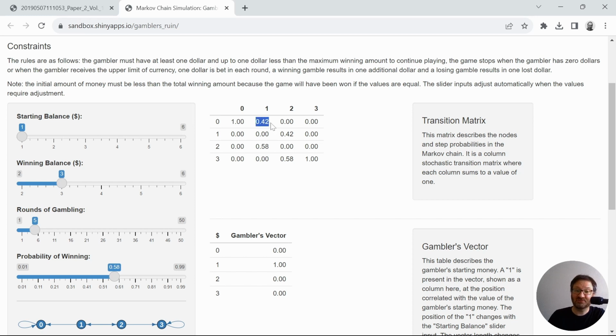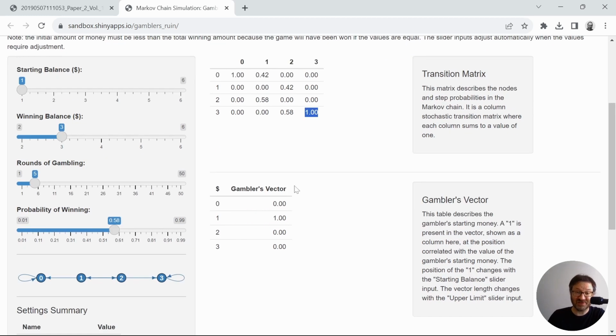And the probability of losing is 1 minus the probability of winning, so that value is 0.42. And those also sum to 1. For the 2 column, we have a similar situation, except in this case, 2 can go to 1 or 3, and then 3 loops to itself and again has a probability of 1 because it's stuck in that state.